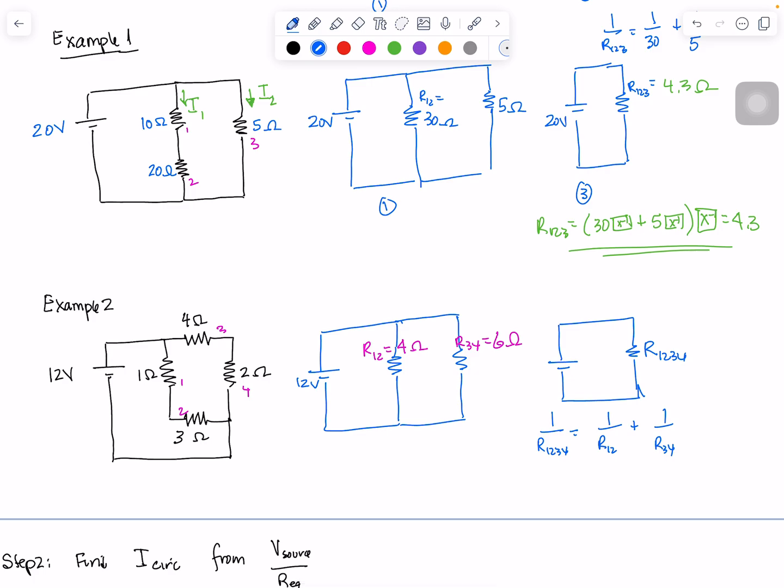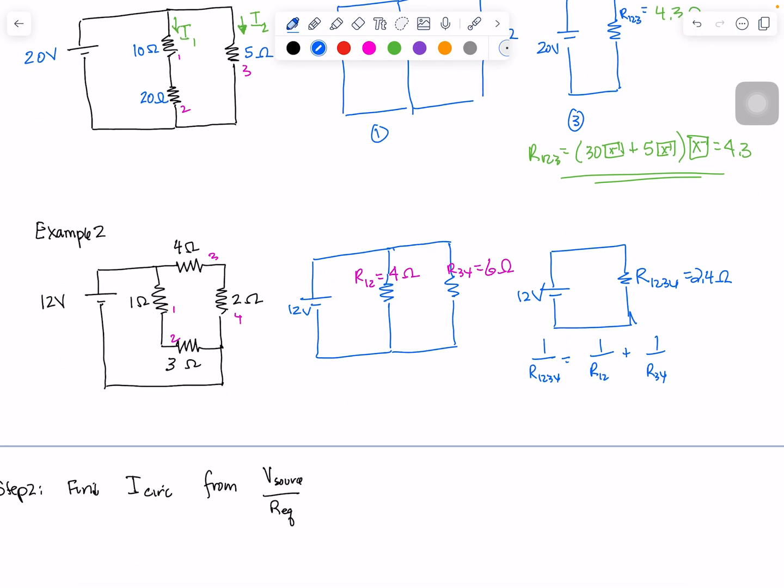So I'm not going to write it out again, but basically I'm going to have 4 inverse plus 6 inverse. I'm going to go equal and then inverse the result. And so that gives me 2.4 ohms. And so that is my equivalent resistance.